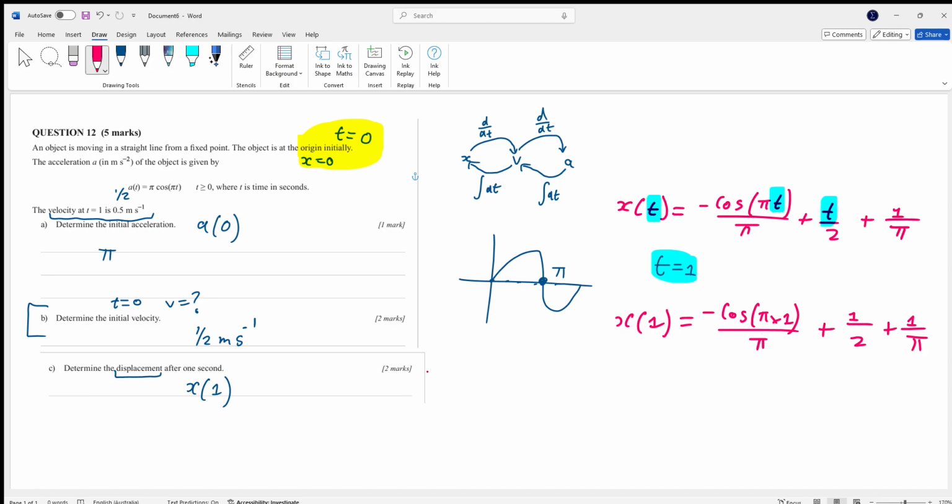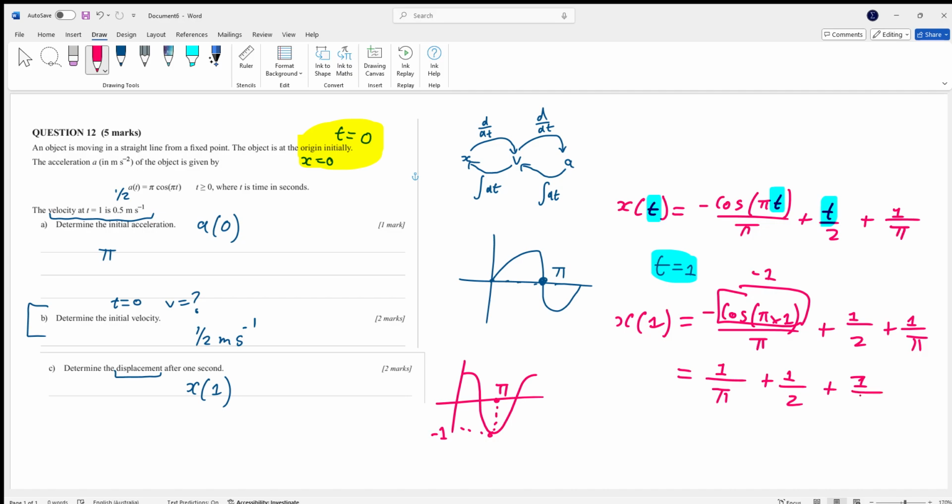Now, cos of pi is negative 1. So this term here is negative 1, but it's already getting times by negative 1. So you have a positive 1 on top. So 1 over pi is that first bit, plus a half, plus 1 over pi.